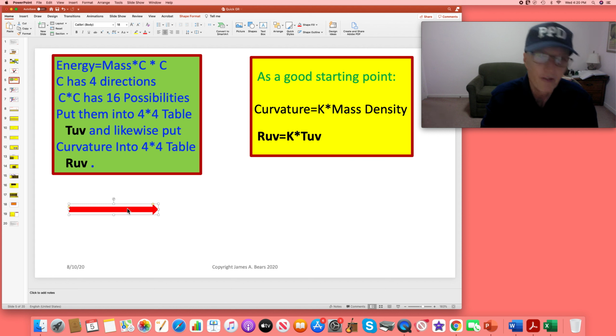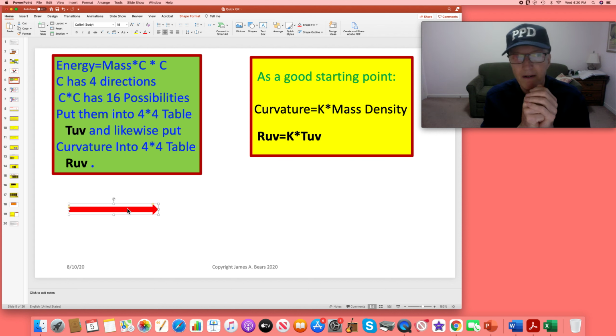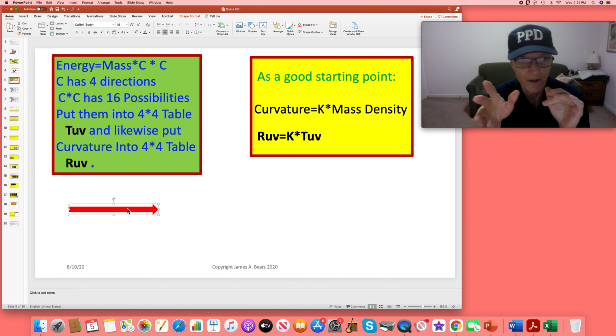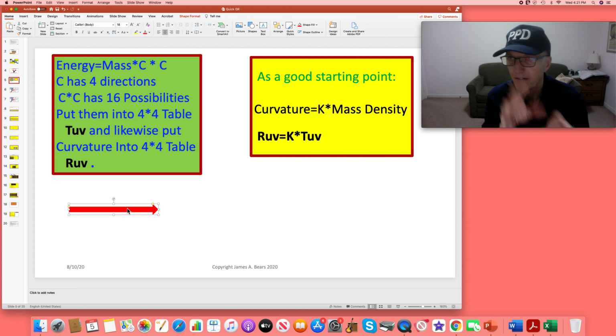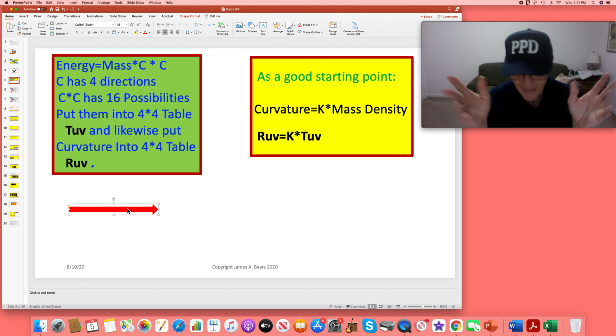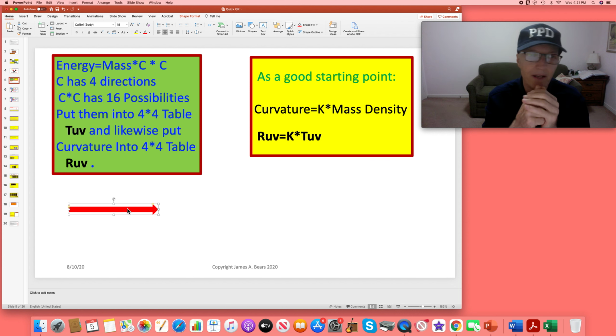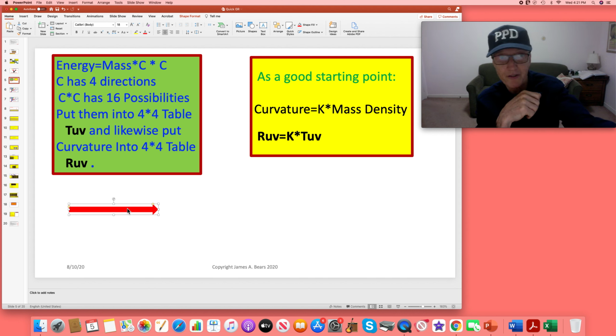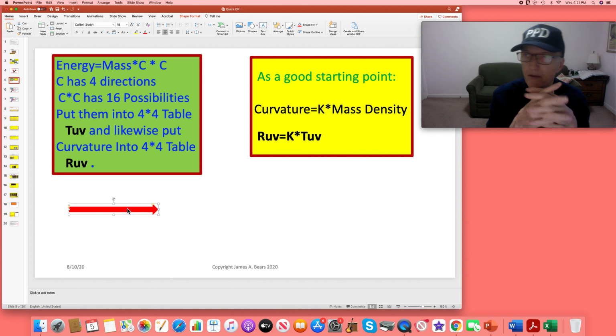So what they do is they put it into a 4x4 table, which is 16 terms, and they call them the energy densities, which are energy equal to mass times c times c. And to get the density, you just divide by the volume.